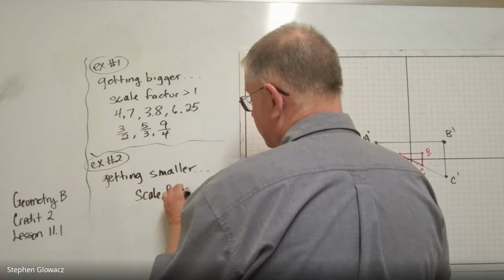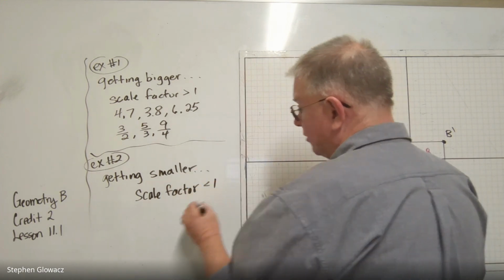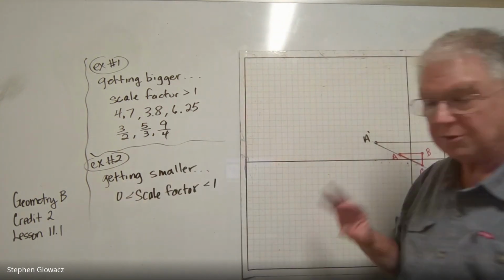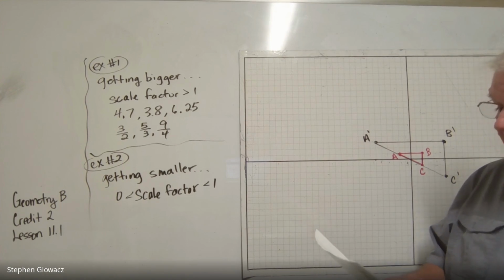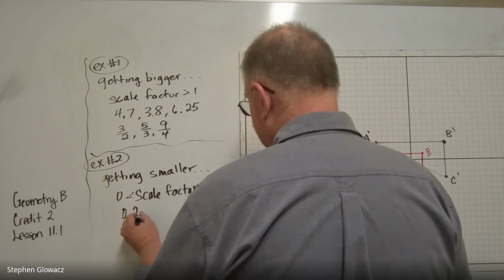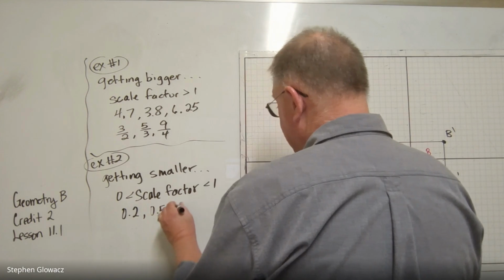All right, so now getting smaller is when our scale factor is less than 1, and it does need to be positive, so I suppose we should say greater than 0 and less than 1. So between 0 and 1 would be any decimal in the form of 0 point something, like 0.2, 0.5, 0.9.